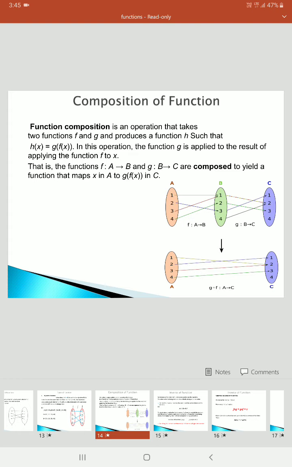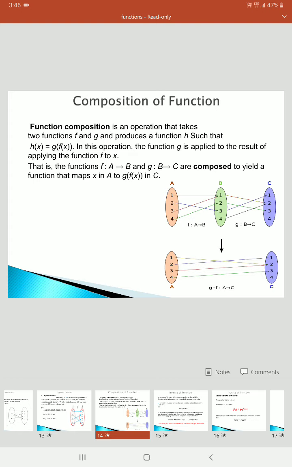Now comes composition of function. Function composition is an operation that takes two functions f and g and produces a function h such that h of x equals g of f of x. In this operation, the function g is applied to the result of applying the function f to x.